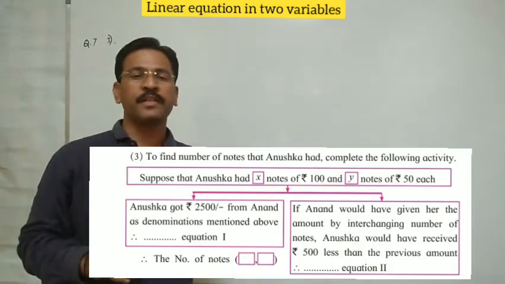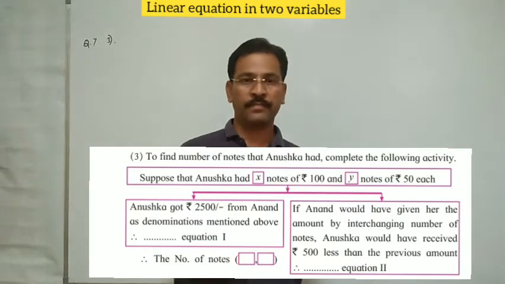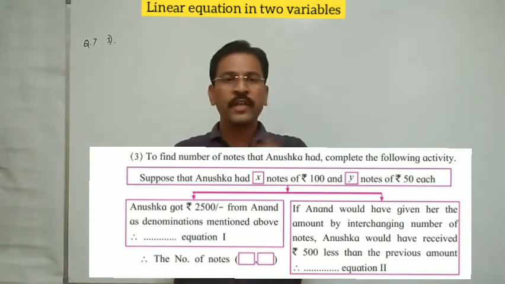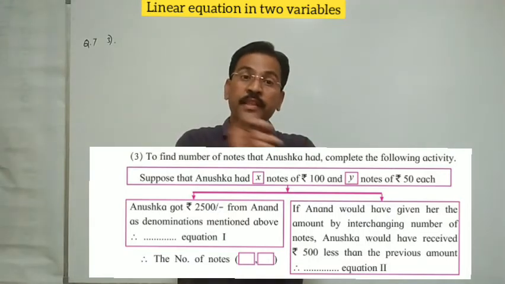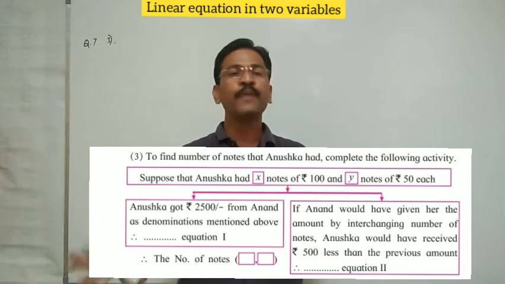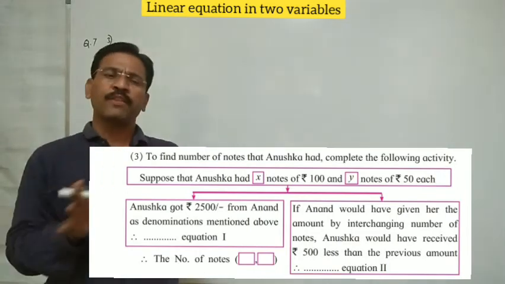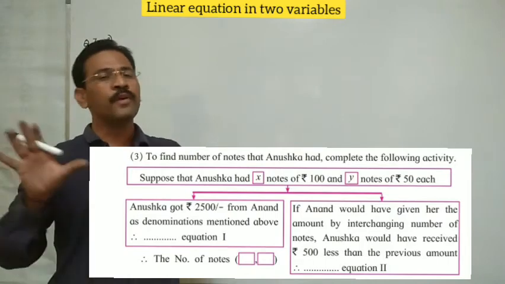In the first condition, Anand gives 2500 to Anushka. In the second condition, if the number of notes is interchanged, then she receives 500 rupees less. So from this, we are going to find the number of notes of 100 rupees and the number of notes of 50 rupees.